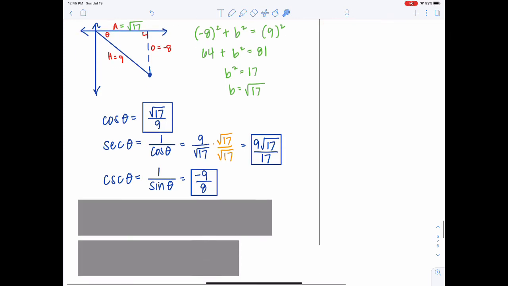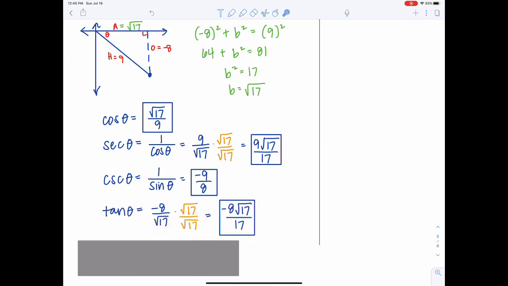All right. Tangent was next. So tangent is opposite over adjacent. So we have negative 8 over the square root of 17. Again, we can't have that 17 under the square root in the denominator. So we get negative 8 times the square root of 17 over 17 when we rationalize. And now we can take the reciprocal of this for our cotangent.